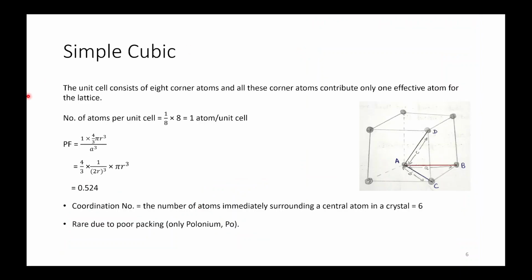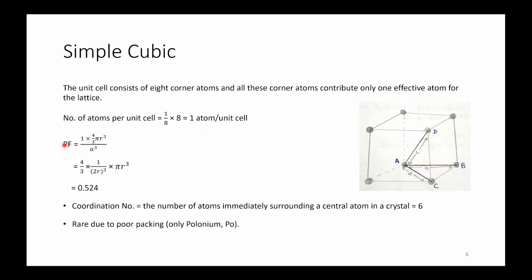First is simple cubic. In this case, the unit cell consists of 8 corner atoms, and together they contribute only one effective atom to the lattice, because each atom is shared by 8 surrounding unit cells, so 1/8 of it is inside this unit cell. So 1/8 times 8 gives 1 atom per unit cell.